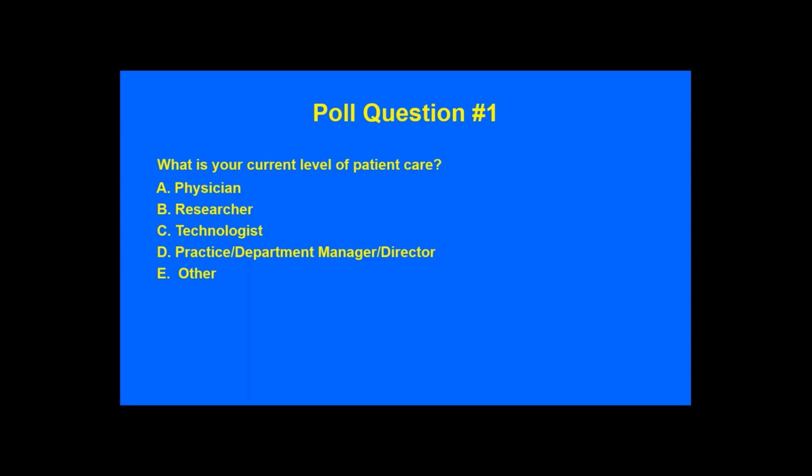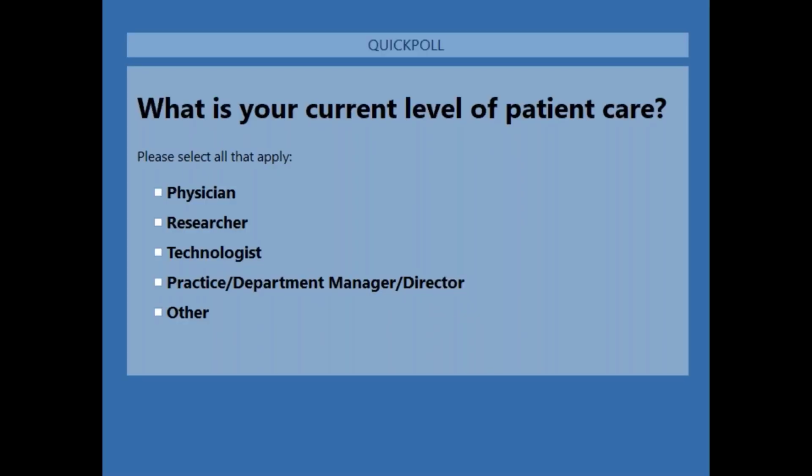Yes, we do. This poll question, again, we like to see who our audience is today. What is your current level of patient care? Are you a physician, a researcher, a technologist, a practice or department manager, director, or another type of professional?